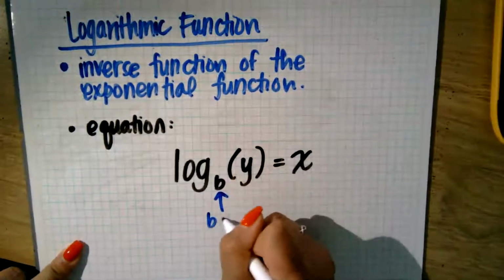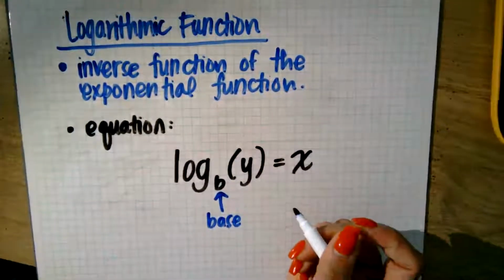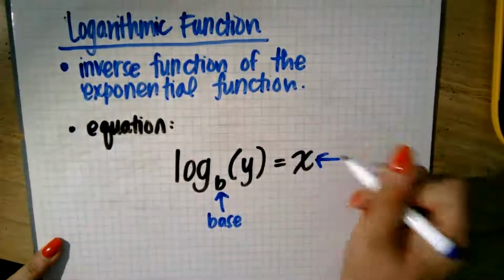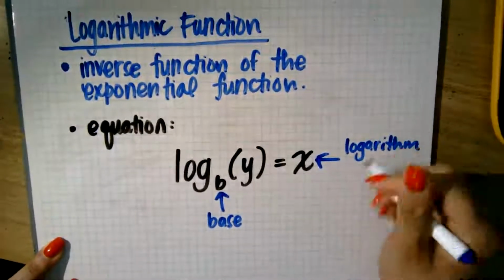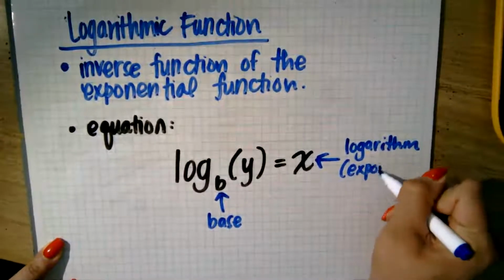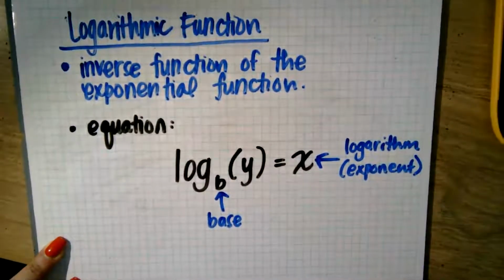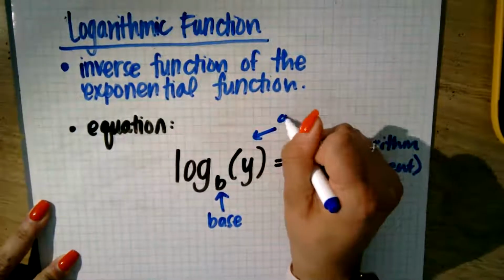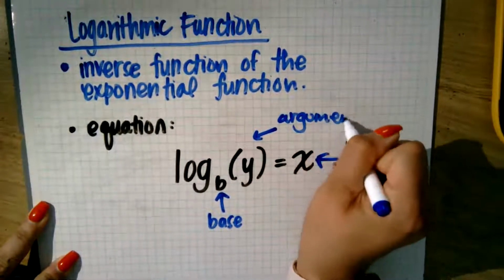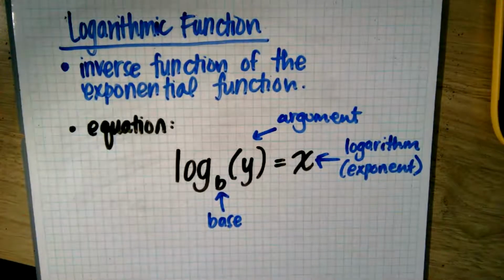This right here is my base, okay? This right here is called my logarithm, but let's also call it the exponent because this is important. I'm going to show you how this works. And this right here is called my argument. Okay, so this is the format.